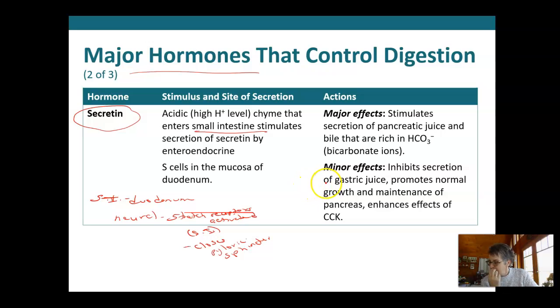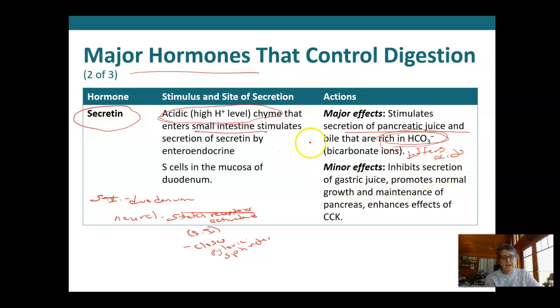Now, in your book it's kind of funny because the book says secretin supports cholecystokinin, and in PowerPoint it says cholecystokinin supports secretin. Well, secretin is stimulated by this pH change of the acid, and it stimulates the pancreatic juice to release a lot of bicarbonate, and that buffers the acid and makes it not acidic, because the small intestine can't handle all that acid.